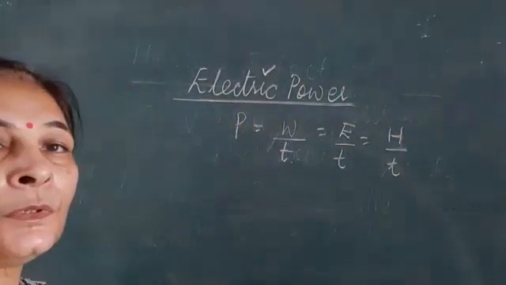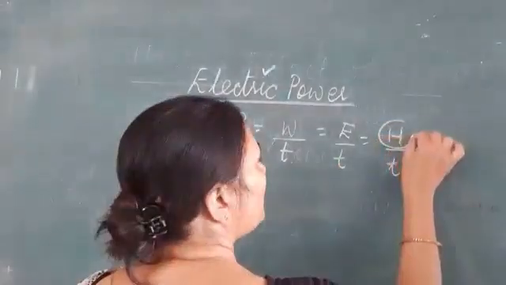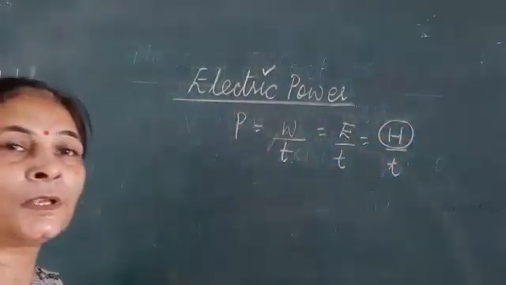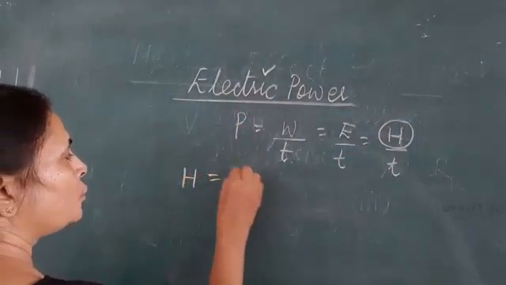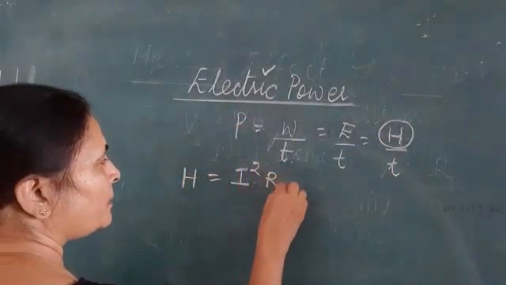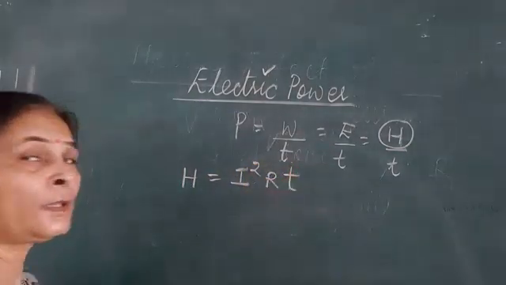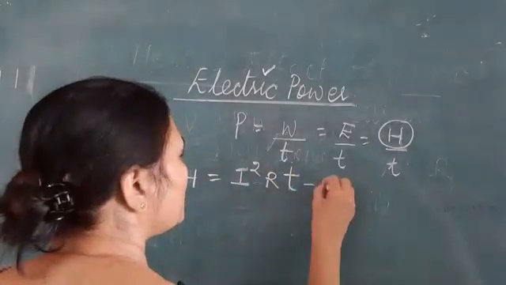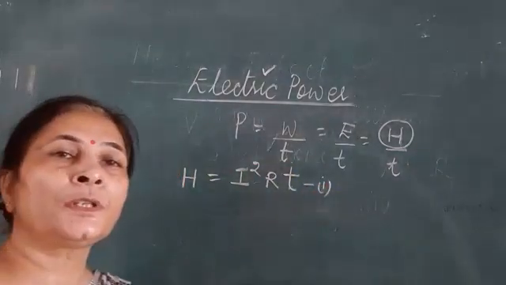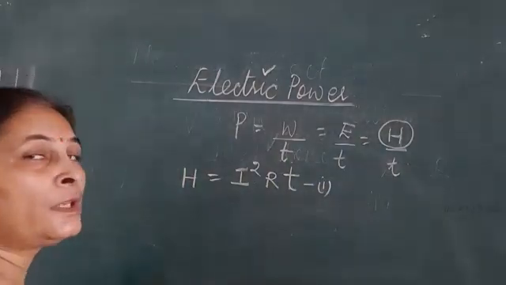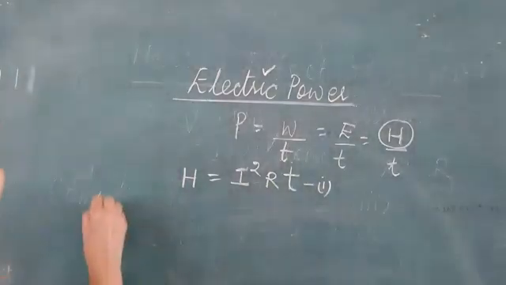Now we'll talk about the various formulas. See, for H, we derived three different expressions yesterday, if you remember. This was Joule's law: H is equal to I square R T. This was one of the expressions which we derived, and we also wrote it in a different manner using Ohm's law, V is equal to IR, isn't it?